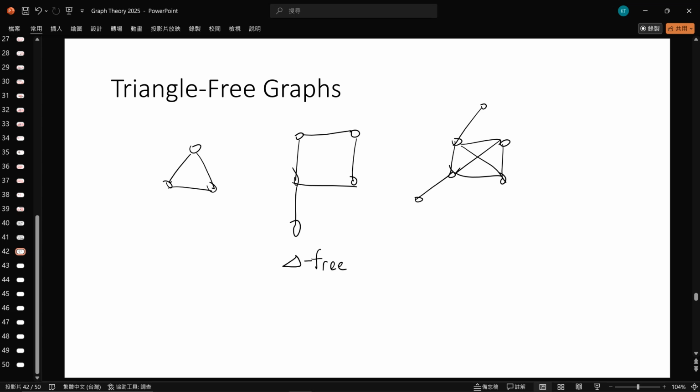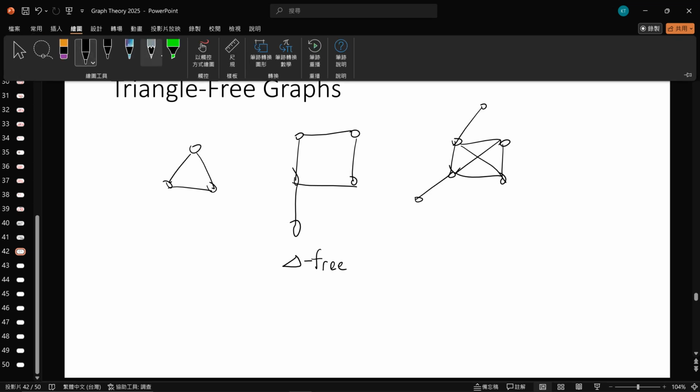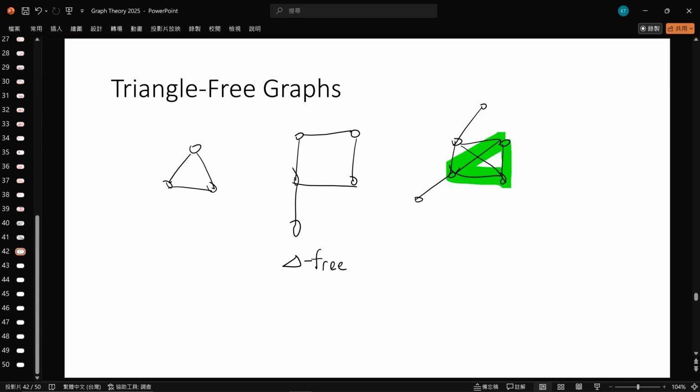This one contains a triangle. The triangle is this one. Actually, there are multiple triangles in this graph. As long as you have one triangle as a subgraph, the graph is no longer triangle-free. So this is not a triangle-free graph.